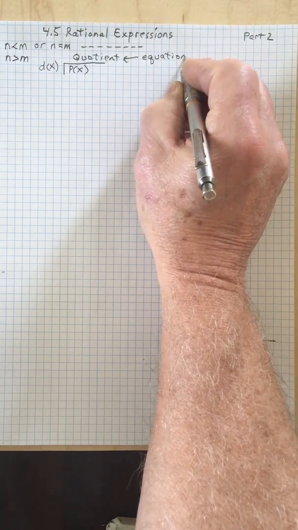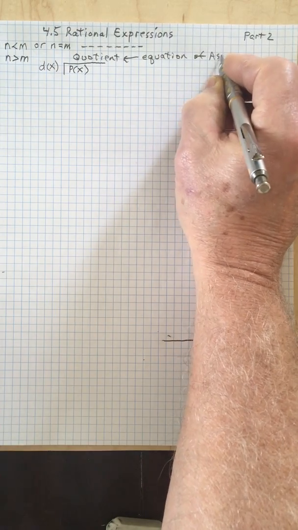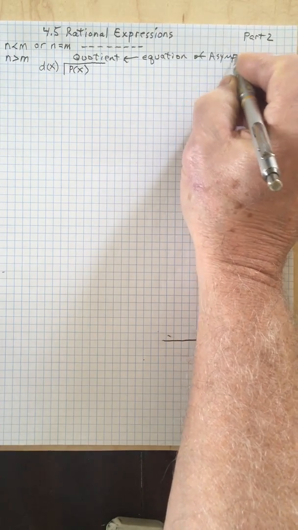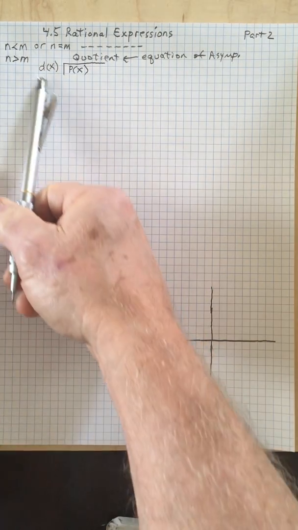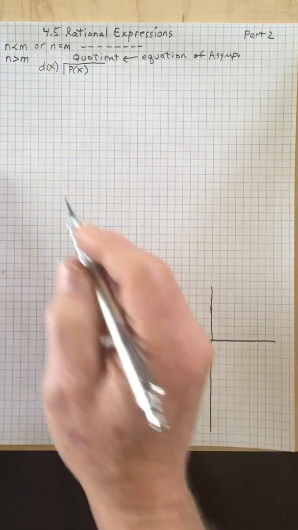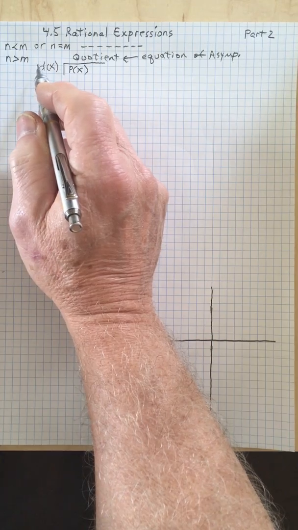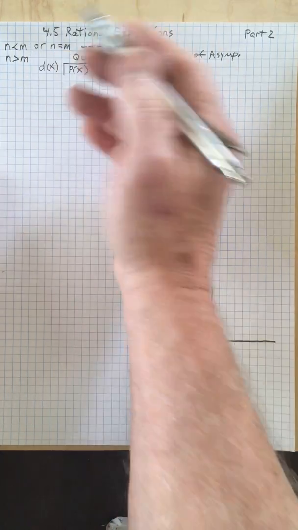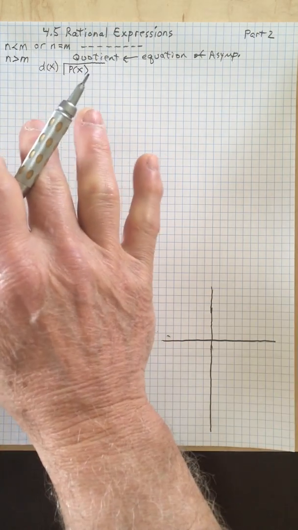Now, two things. Number one, if you think back, if the degree of the denominator is greater than 1, like x squared or 3x cubed, that kind of thing, you have to use long division like I have it set up.